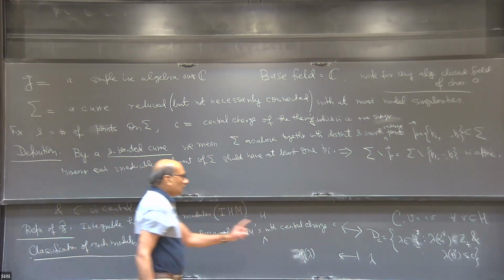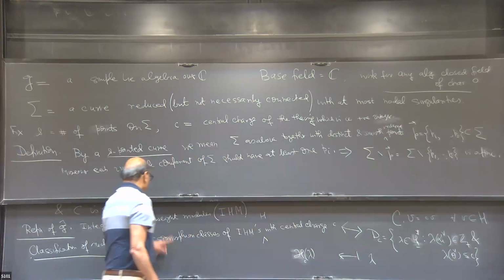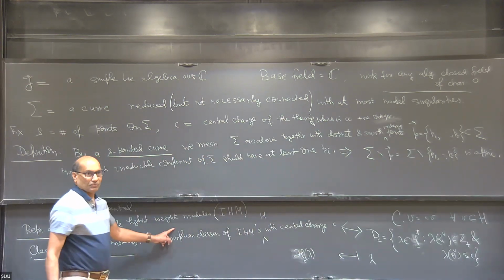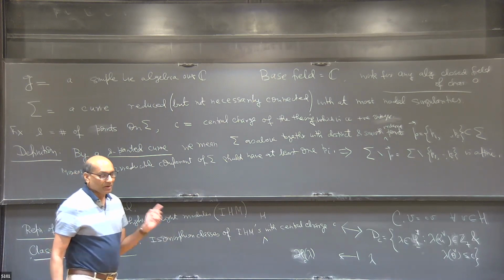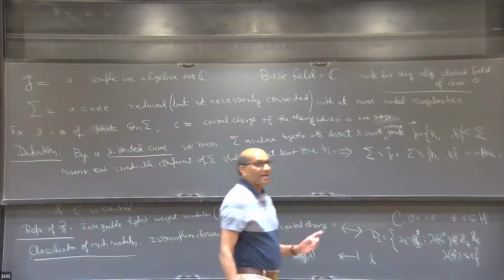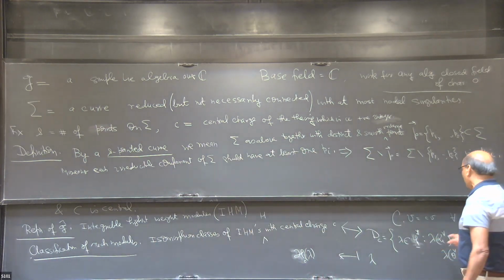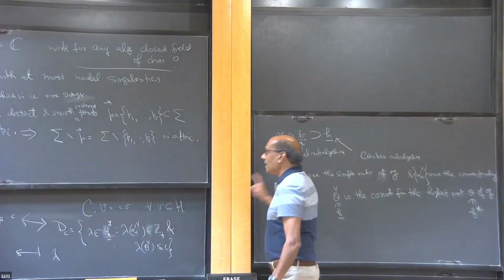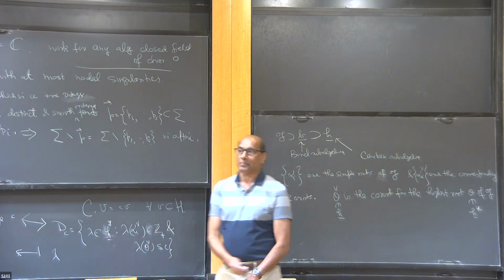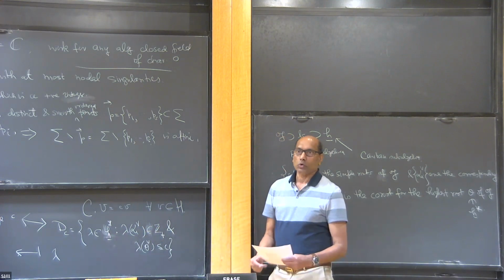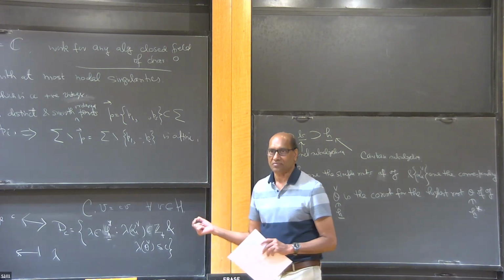This lambda corresponds to an integrable highest weight module with highest weight lambda, but keep in mind that this is for the affine Lie algebra. Once I specify the highest weight for the finite g and the central charge, it completely determines the representation.